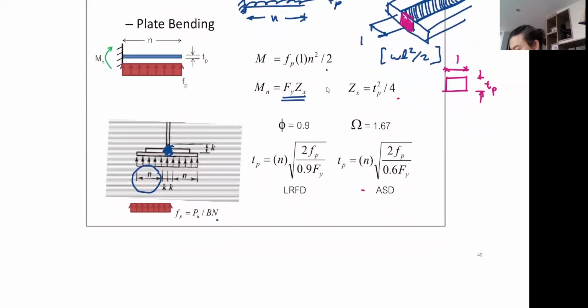So now you have plastic section modulus, you have moment, you make them equal, and you can now design your plate thickness. This equation, you don't have to memorize it because it comes from here: FP N square over 2 must not be greater than Fy multiplied by the plastic section modulus, which is TP square over 4, divided by factor of safety.